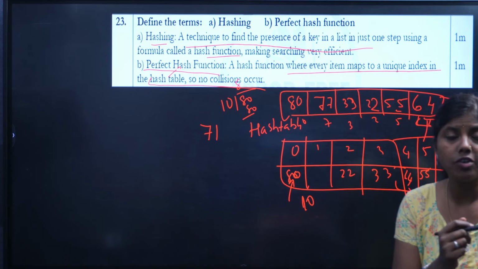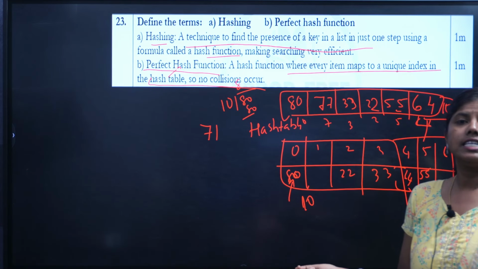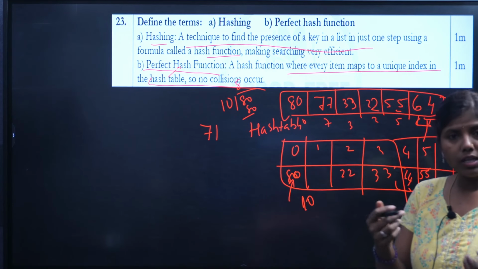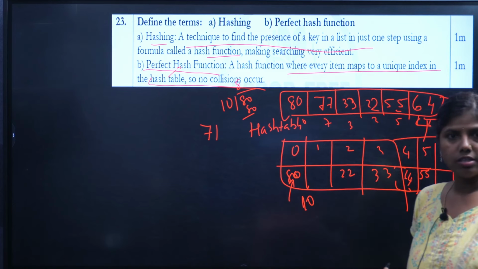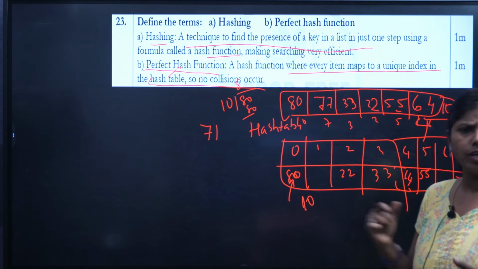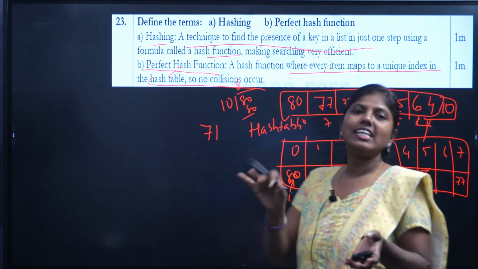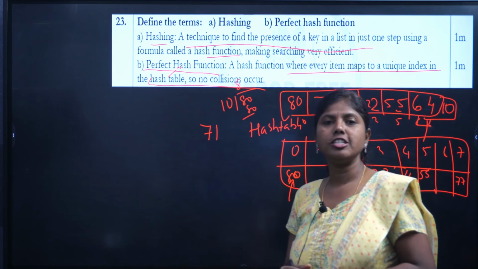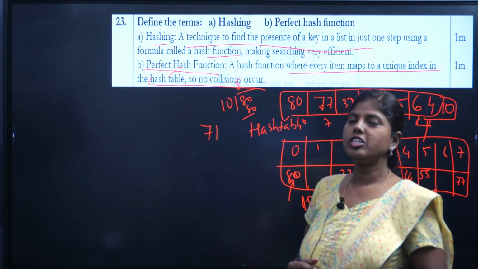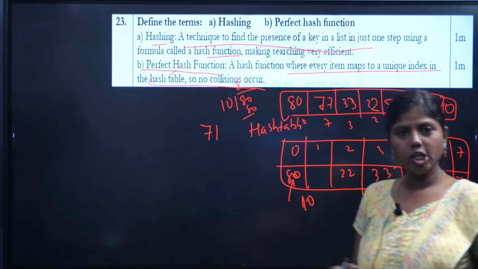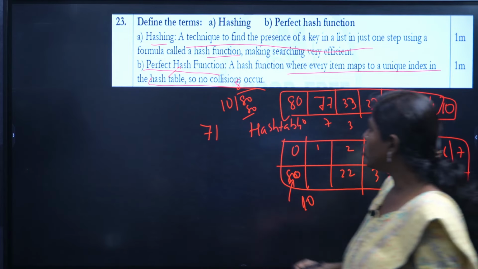Where is the place for 10? No place. For one place, both are fighting each other: this is my place, this is my place. That's why we call it collision. You have to avoid this, no? That technique is called collision resolution. Clear? We'll go to the next topic now.